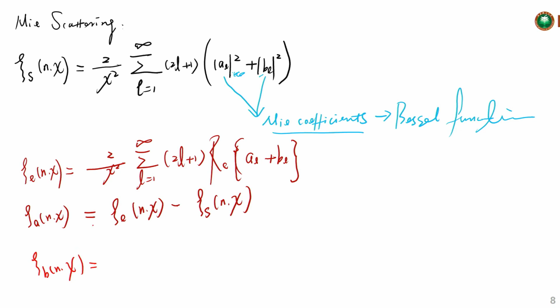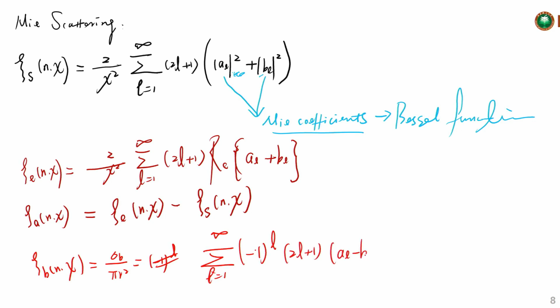So for the backscattering coefficient, or the backscattering efficiency, it has its own expression: the cross-section divided by pi r squared equals the summation over L to infinity of minus 1 to the power L times 2L plus 1 times AL minus BL, absolute value squared, times 1 over chi square.